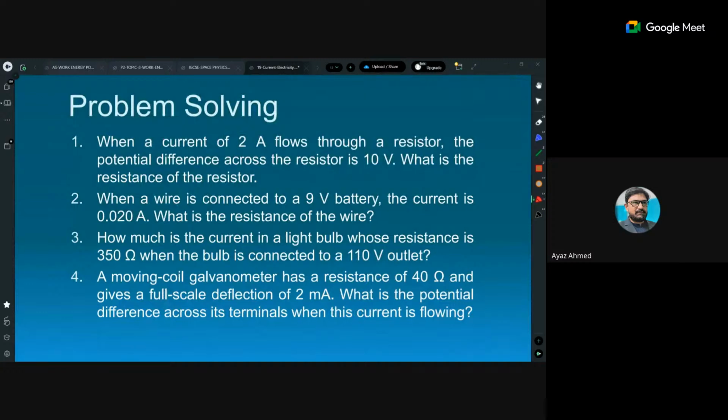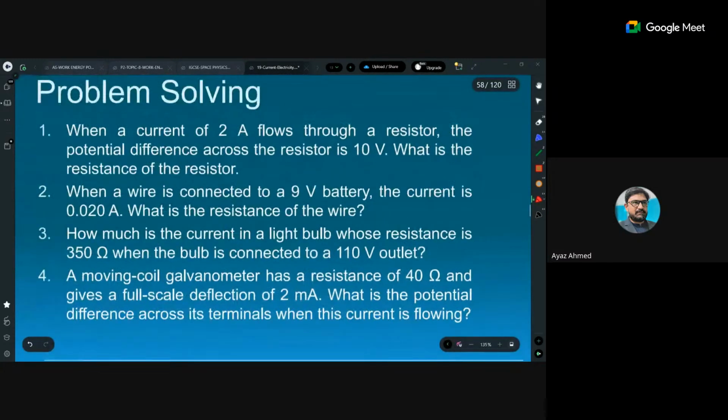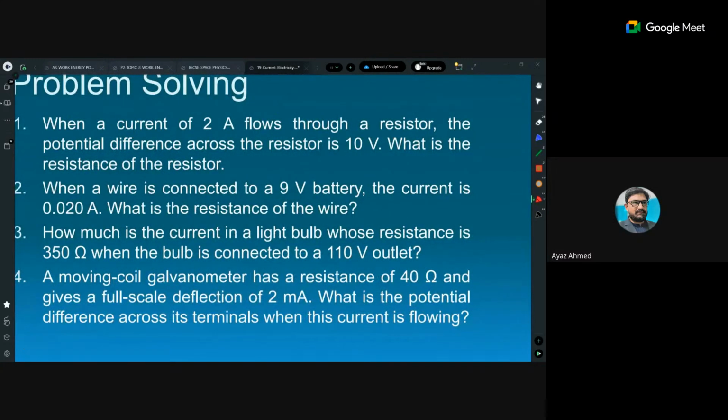Now problem solving, there are a lot of questions for you. Current is given to you, voltages are given to you, resistance can be calculated. So use R is equal to V by I. Voltages are given, current is given, again use R is equal to V by I. How much current in the bulb? Resistance is given, voltages are given, I is equal to V by R. Moving coil galvanometer is connected, resistance is given, current is given.